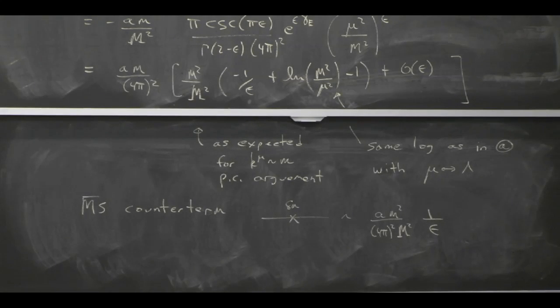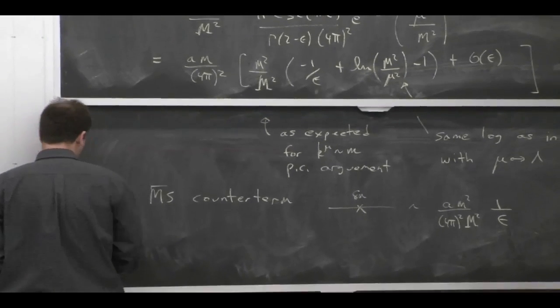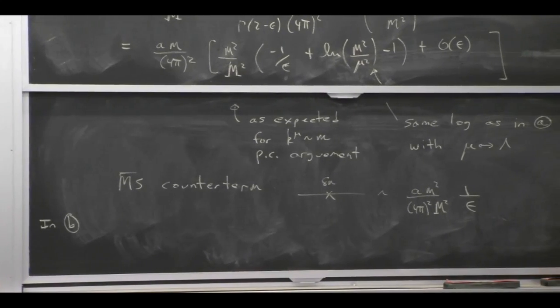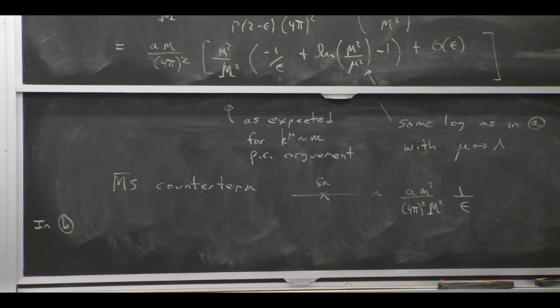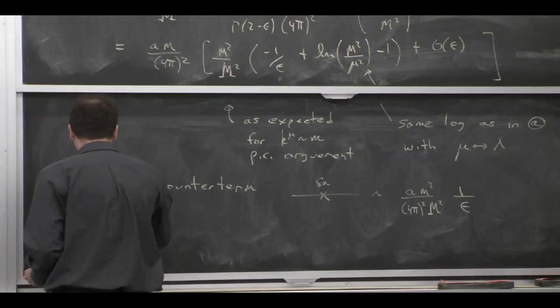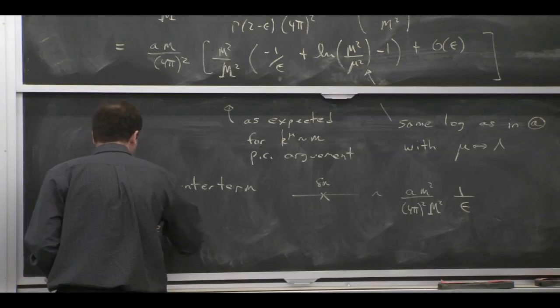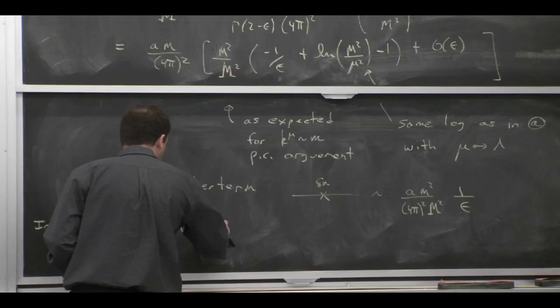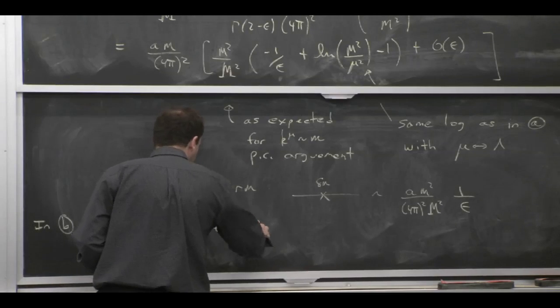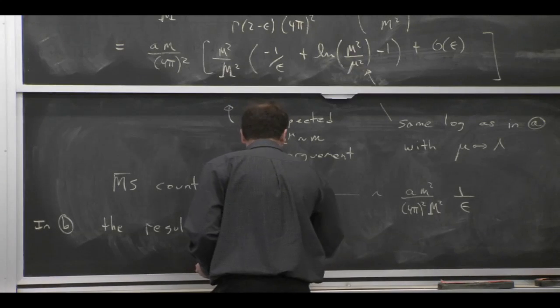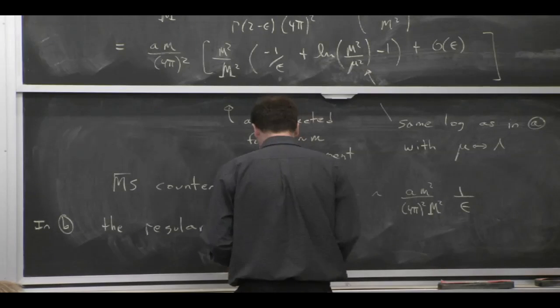And the question is, how should I think about this? What's the right way of thinking about this extra term? So there's a language that people use in effective field theory and dimensional counting for the difference between doing a regularization of type A and type B. And what you say is that in type B, your regularization of the problem does not break the power counting.